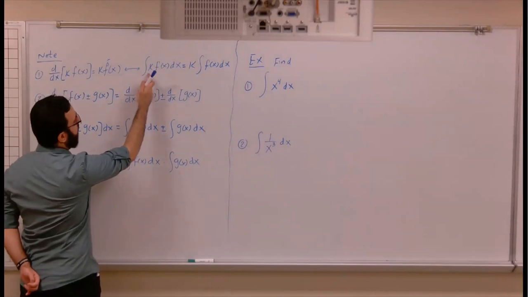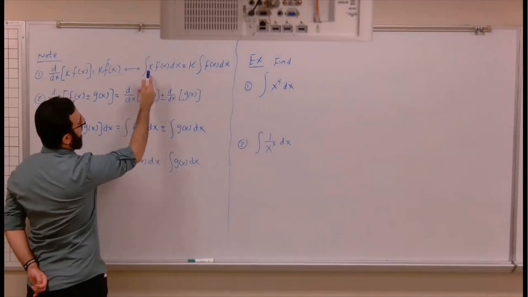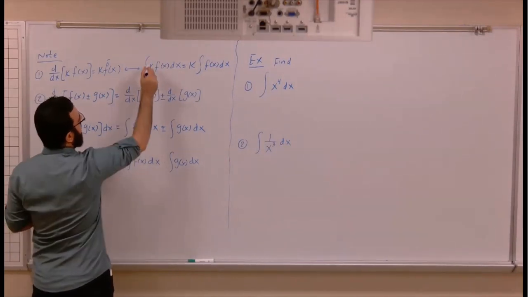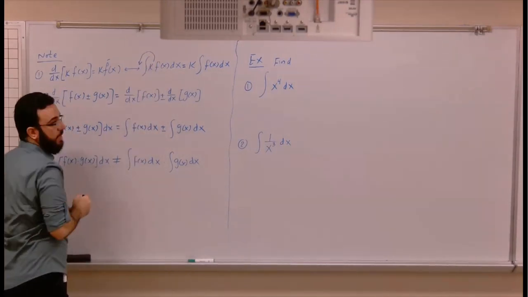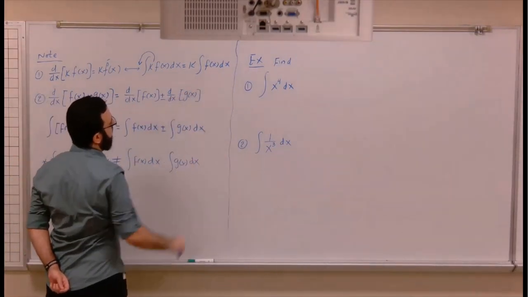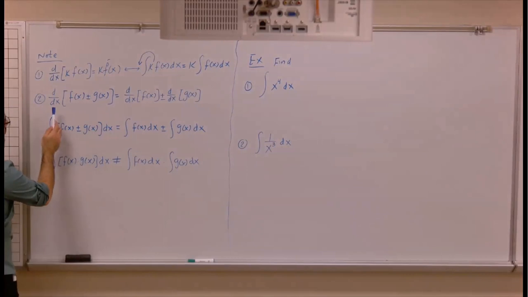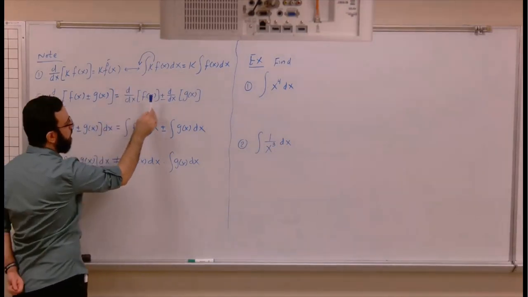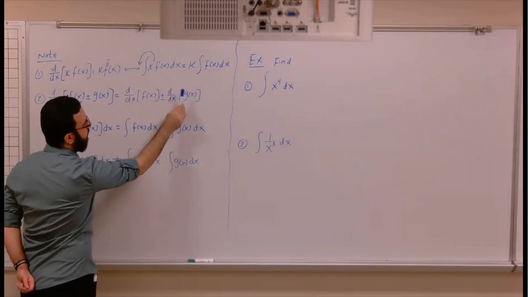The integral with k, which is any number, times the function dx: you're just going to take the k outside the integral and find the integral for f of x dx. The derivative for two functions, the addition of two functions or the difference between two functions, is going to be the derivative for the first one plus or minus the derivative for the second function.